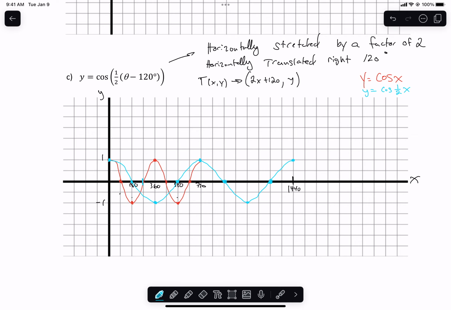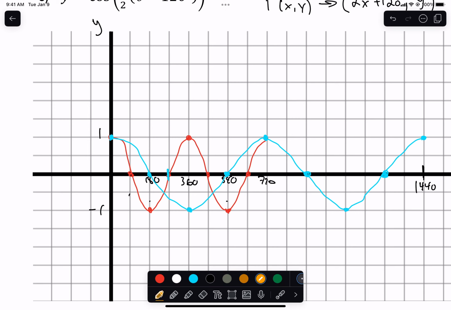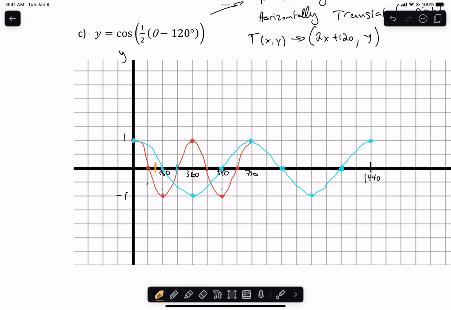Okay, because this right here, if everyone can see, let's see if I can get a different color. That's 120 degrees. So I need to shift my graph by 1.5 boxes, all points. Okay, so that means this one goes to here.